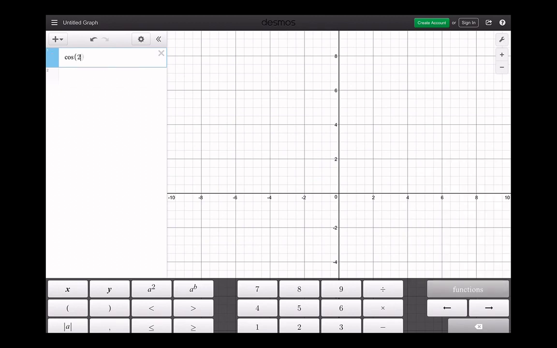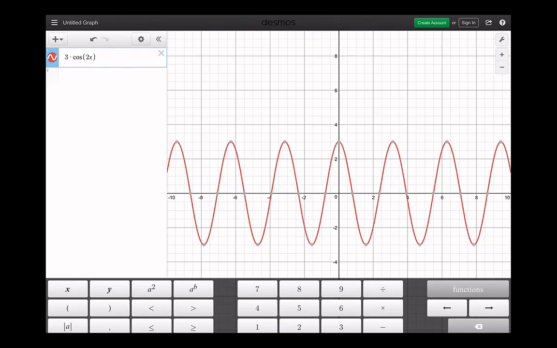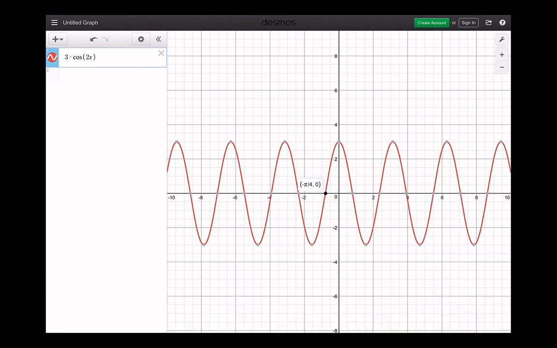Cosine of 2x, and it is being multiplied by 3. So remember, this is the velocity function. So that means that everywhere where it is above 0, so from negative pi over 4 to positive pi over 4, my particle is moving to the right.